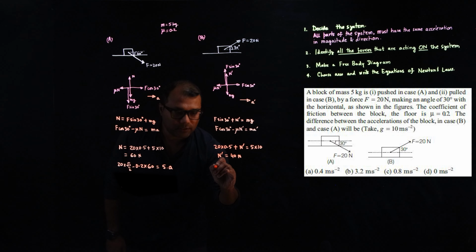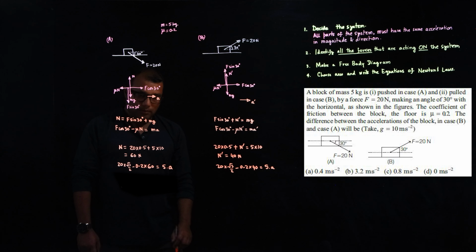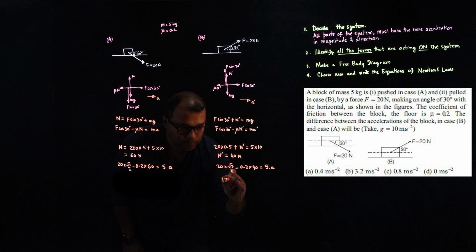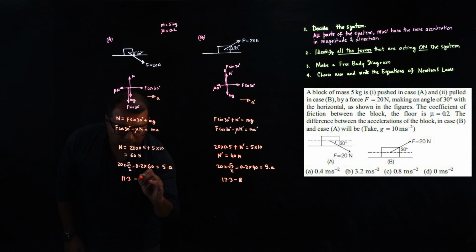Okay, F cos 30. F is 20, cos 30 is root 3 by 2, minus 0.2 into 40 is 5 times A. So this is again 17.3 minus 8. I made a mistake here. So this should be 17.3 minus 12 is 5A. So A is 5.3 divided by 5, so 1.06 meter per second square.